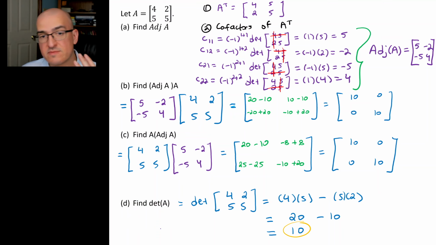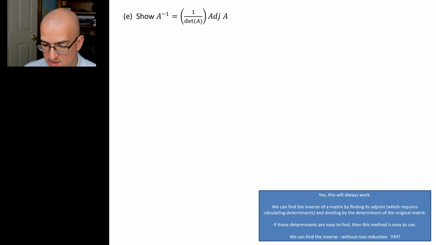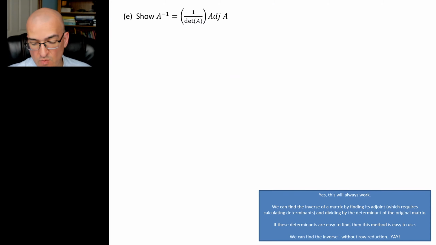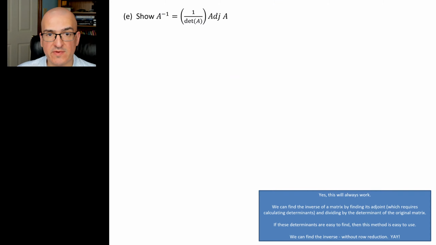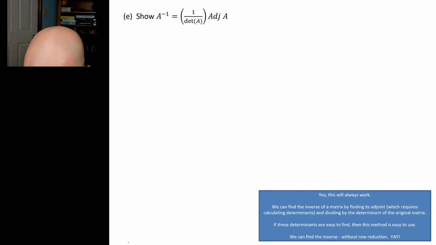Now what? We did part A, B, C. Now there's a part E. Show that A inverse is 1 over the determinant of A times the adjoint of A. So this is what we need to do in order to show this.